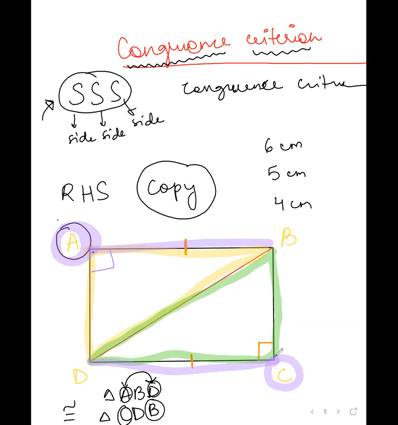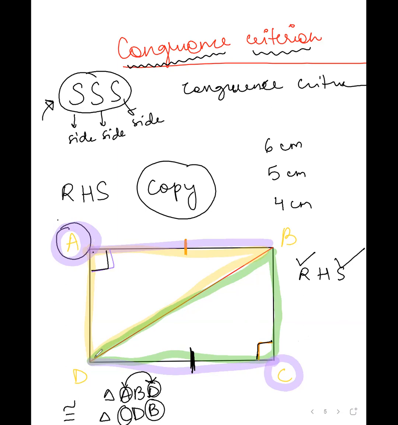It's corresponding to CB. So this is your RHS congruence criterion, where you had one side that is equal. Right angle, right angle. Both have a right angle.